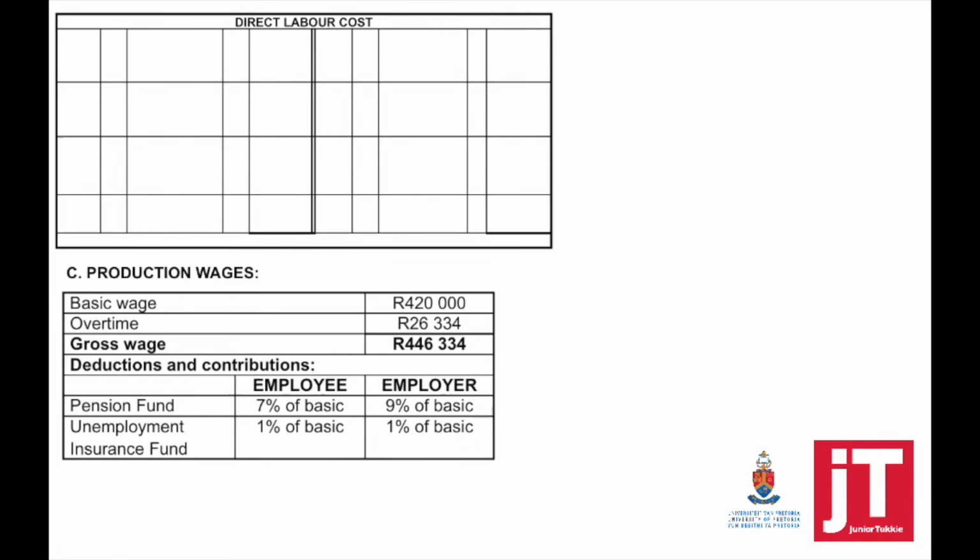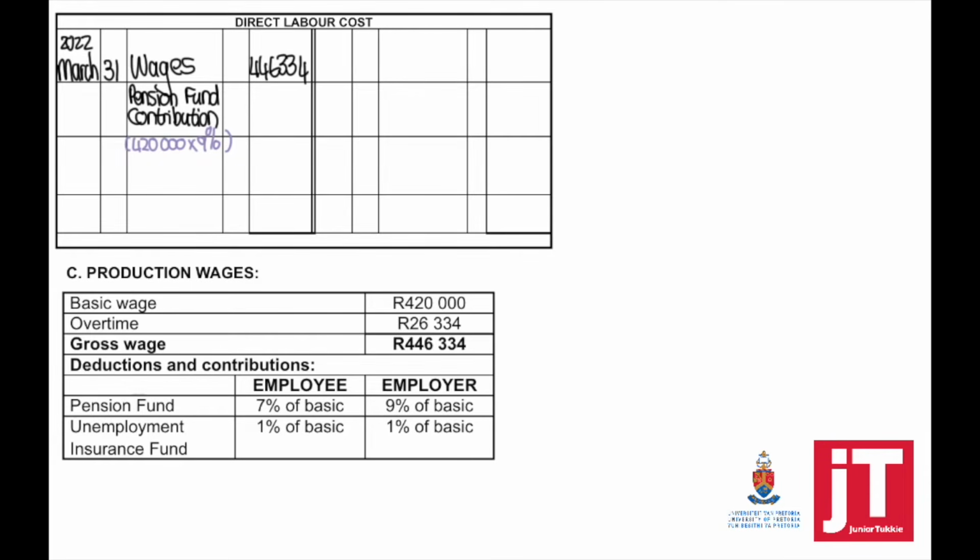So where do I start? We start with the wages. The gross wage is given to you. It's the basic plus overtime, 446,334. Then we need to look at the pension fund, but specifically the pension fund contributions.